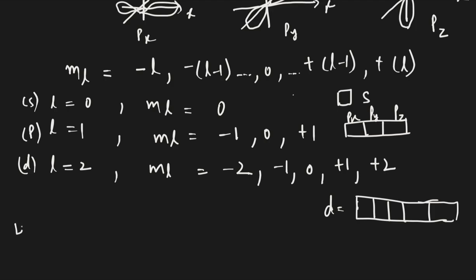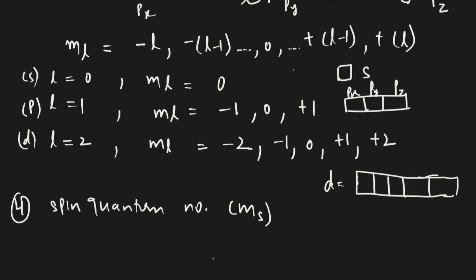Alright. Then the fourth is the spin quantum number, which is also called electronic spin, and this is represented by ms. What does this represent?